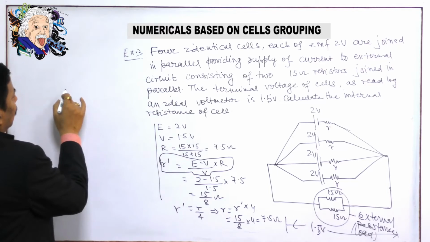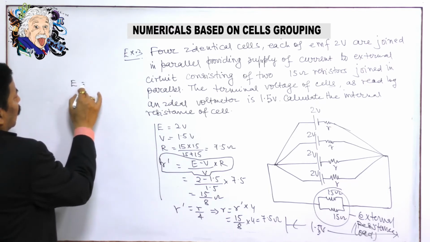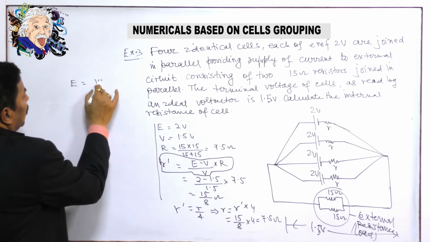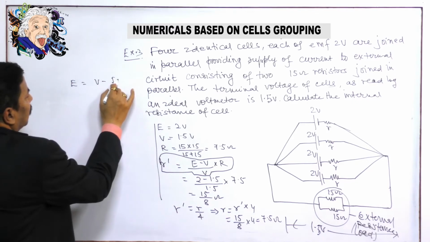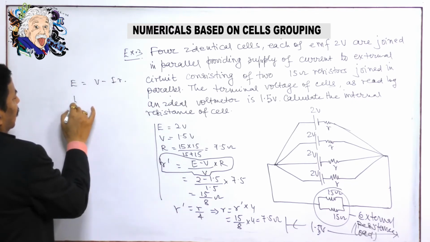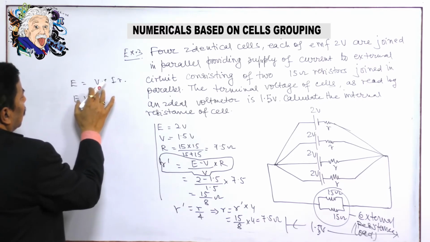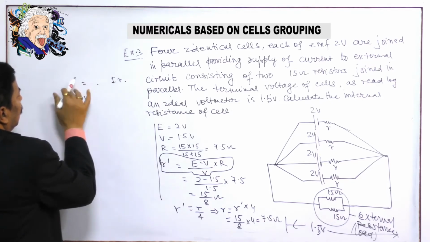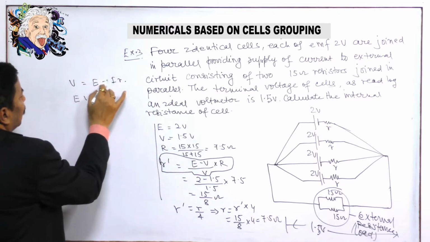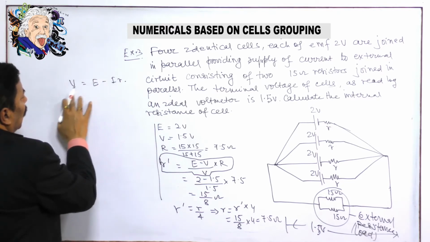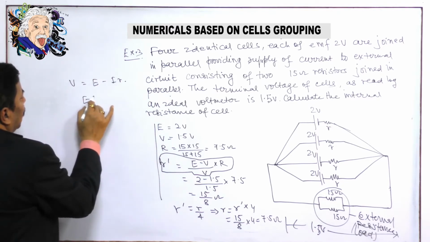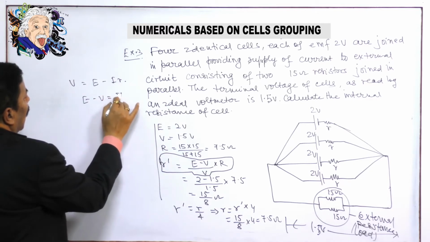Try to understand. E is equal to V plus IR, and V is equal to E minus IR. So E minus V is equal to IR.